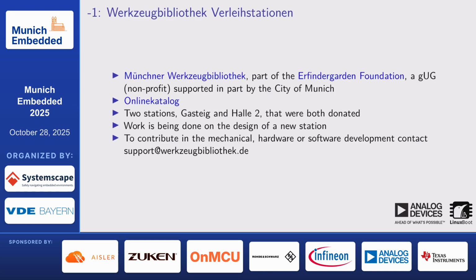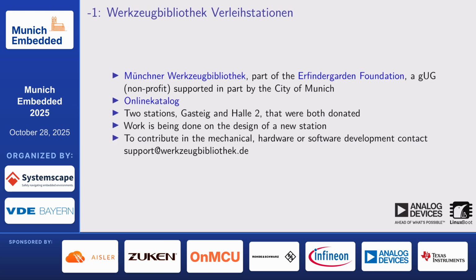Before I get started, I want to make a quick shout out to a really cool organization here in Munich. In the Alte Gasteig, there is a Werkzeugbibliothek. So it's literally a place you can rent tools. You can get a cotton candy machine. You can get pizza ovens. You can get everything you would ever want.